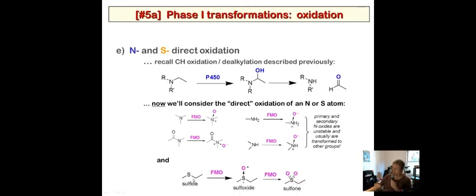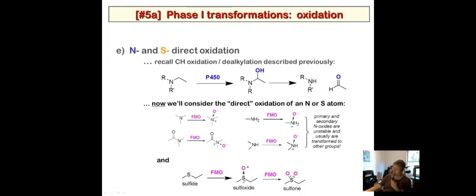Also, another thing we see is sulfur do the same thing. So sulfur, like in the case of a sulfide, will oxidize with FMO to a sulfoxide. This is the dative bond equivalent of a sulfoxide. As we've shown sulfoxides before, there's two ways to show it. You can show it like this, S plus O minus.